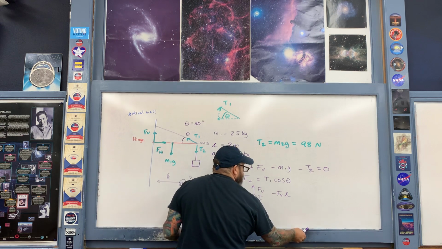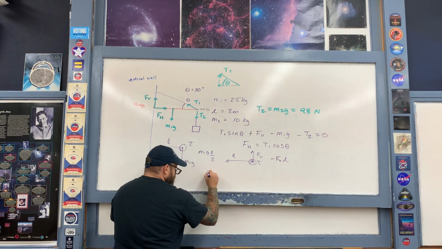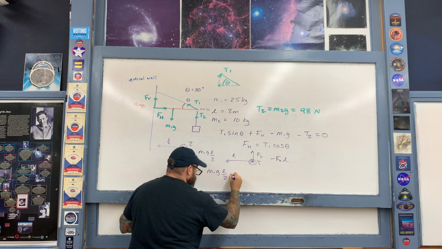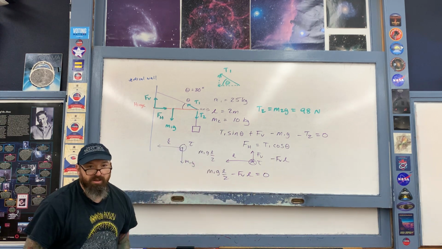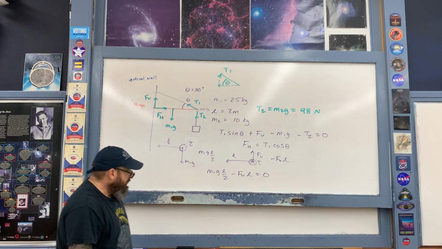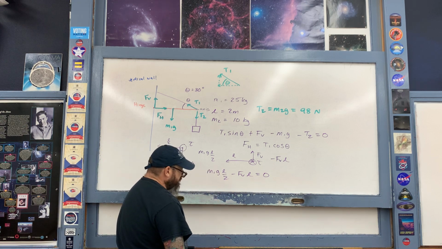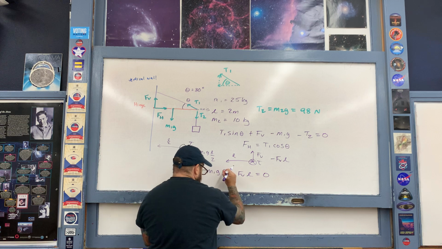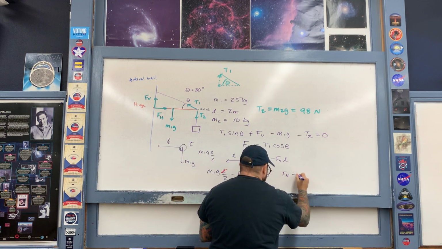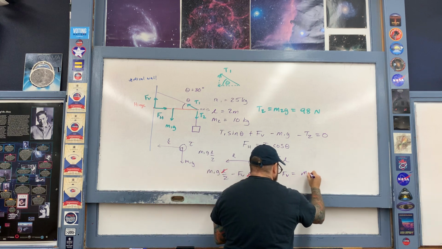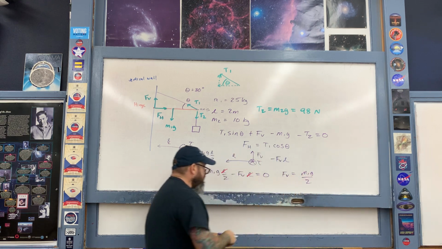Okay, so let's go ahead and add up the torques here, just set it equal to 0. So M1G L over 2 minus FVL is equal to 0. And then at this point we can go ahead and now start to complete the problem. So let's solve this expression for FV. So the L's here cancel out like so, and when we solve for FV, this ends up then being M1G over 2, like so.